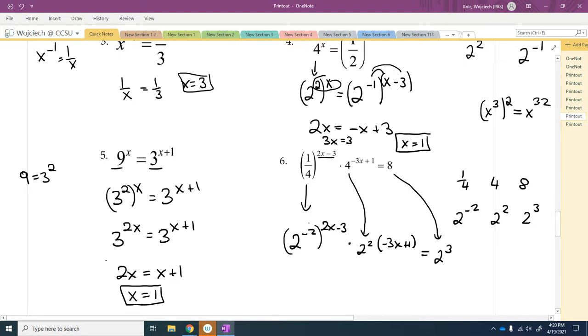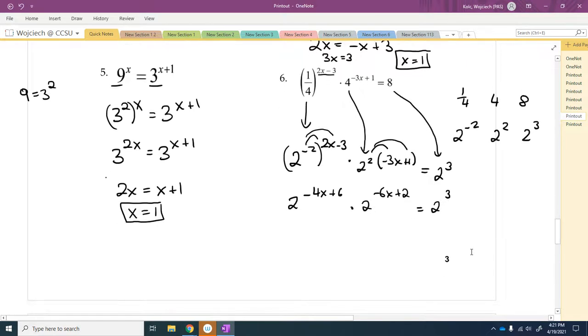Okay, now this is a power to a power, so this will be 2, and now I will distribute. So that'll be negative 4x plus 6 times 2 to the negative 6x plus 2 equals 2 to the third. Now, when we multiply, we technically add the exponents. Okay, so my next step will be negative 4x plus 6 plus negative 6x plus 2 is equal to 3.